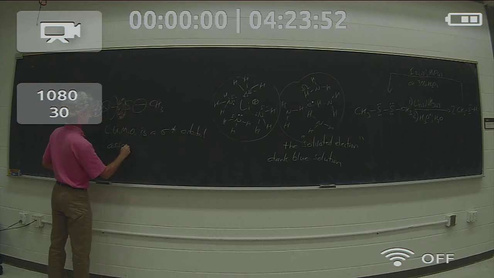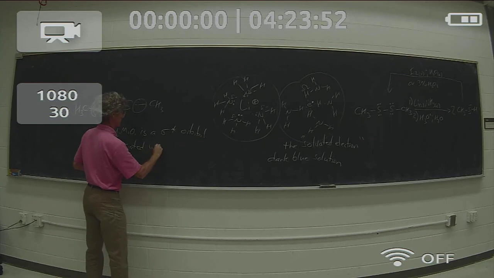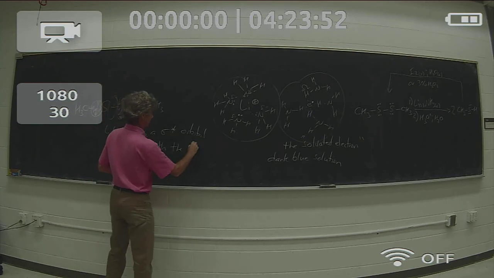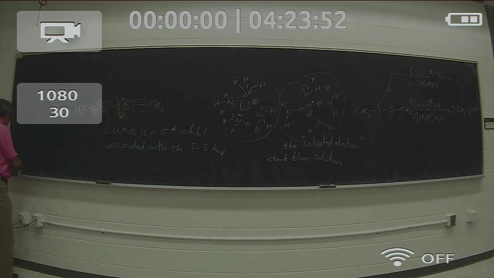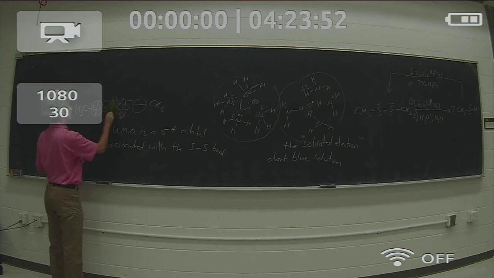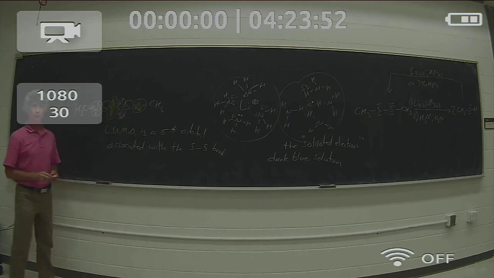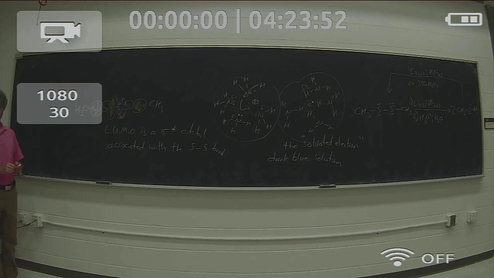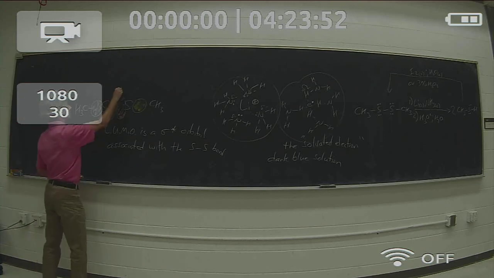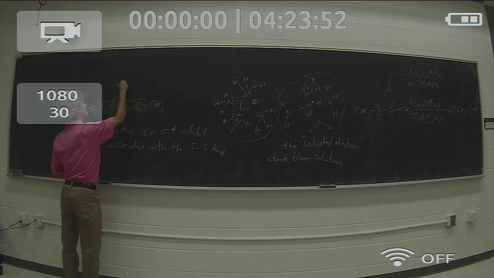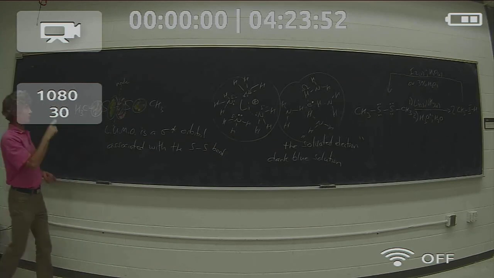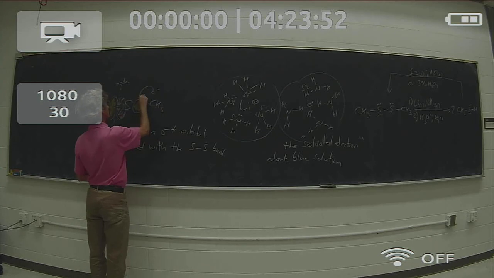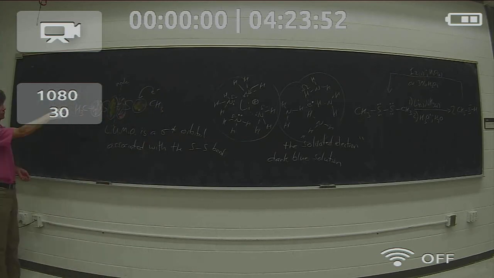And that LUMO is associated with the sulfur-sulfur bond. So if I use my pink and yellow chalk to color code the positive and negative sign on the wave function, you'll see that there's a node right down the center between the sulfurs. If we donate an electron into that orbital, we thus weaken the sulfur-sulfur bond.